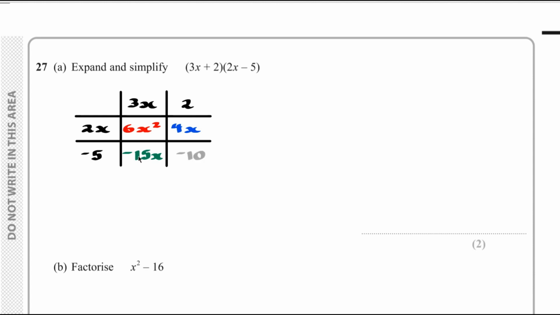So when we come to simplify by collecting like terms, I've got the 6x squared, and then I've got 4x subtract 15x, which is negative 11x, and then I've got the negative 10. So 3x plus 2 multiplied by 2x minus 5 is equivalent to 6x squared subtract 11x subtract 10.